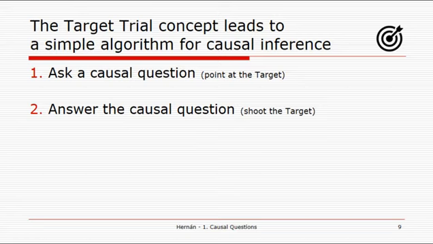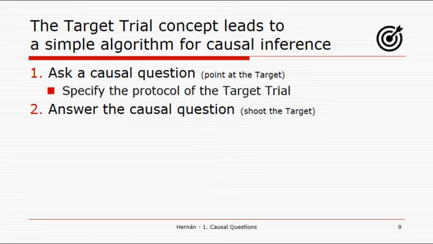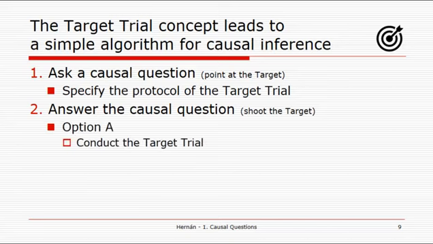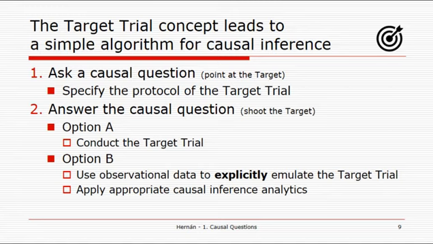So to ask a causal question, we have to describe the target trial. That's a simple way of describing a causal question. Tell me what your target trial is. Even if you cannot do it, but tell me what the trial is. The second step, to answer the question, we can either conduct the target trial, if that's possible, or emulate it using observational data.